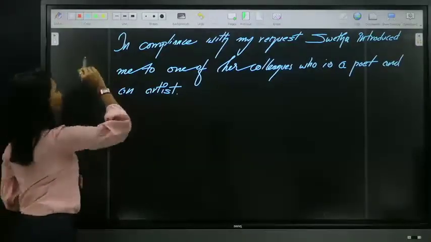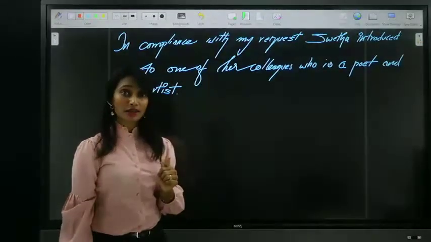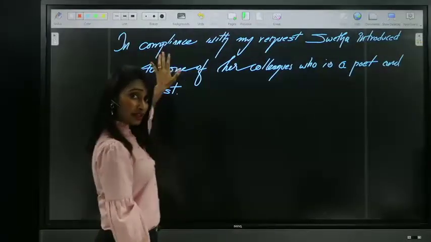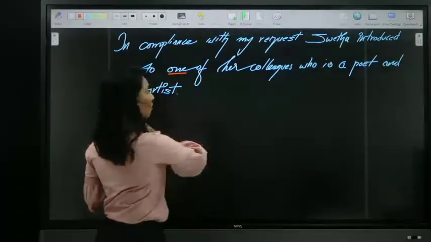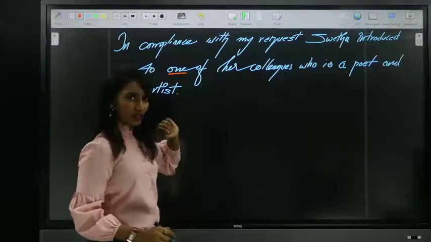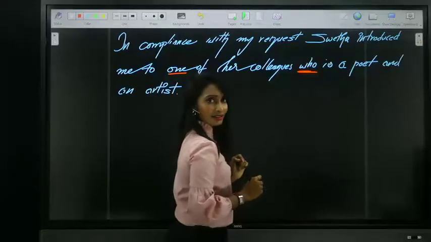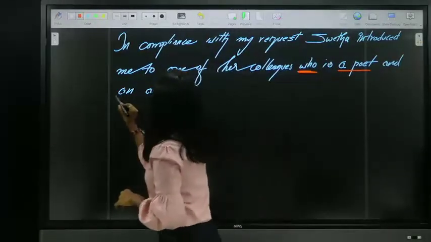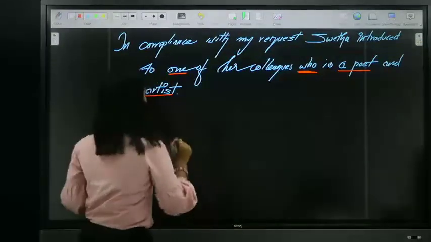Now, Shweta introduced me to how many persons? One of her colleagues. That means only one person, no? So that one person is a poet and an artist. See, remember this concept.